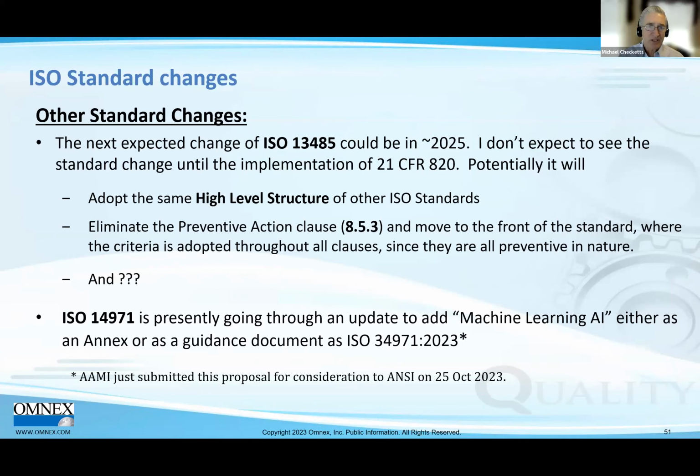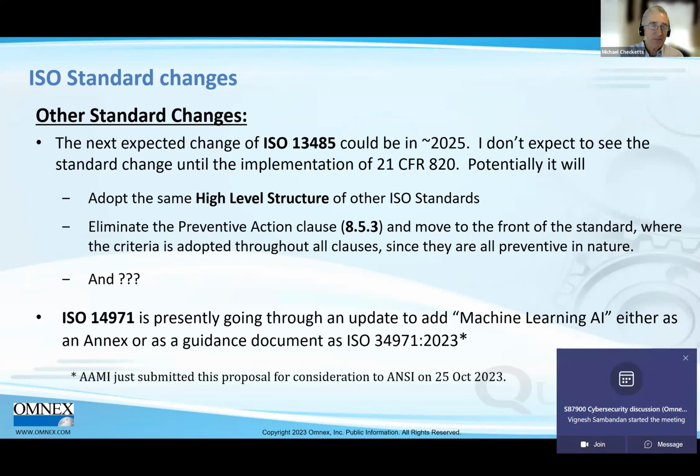Potentially, some of the changes being kicked around are adopting the same high-level structure as other ISO standards. Also, the possibility of eliminating the preventive action portion, clause 8.5.3, and moving that to the front of the standard where the criteria is adopted throughout all clauses.